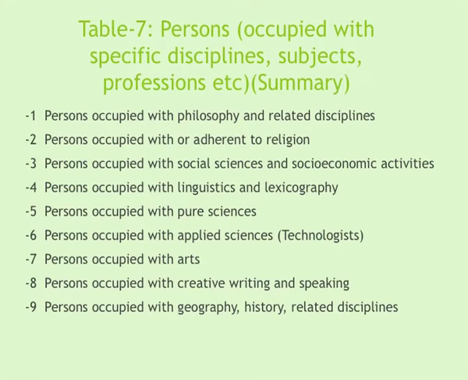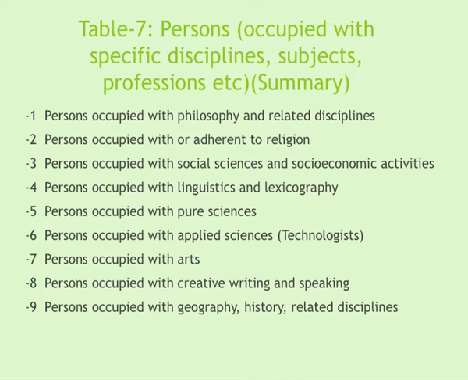Such as this is 1 to 9. This is a summary of the persons who are occupied with some profession, some occupation, some subject, some activity. Such as 1 is for persons occupied with philosophy, 2 is persons occupied with religion.